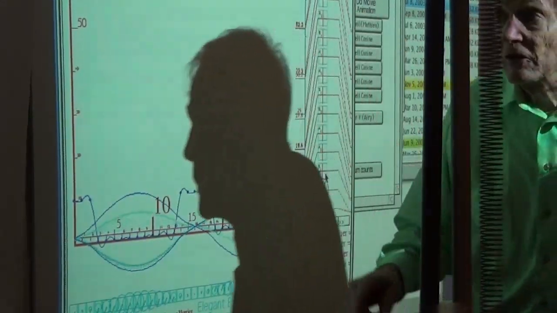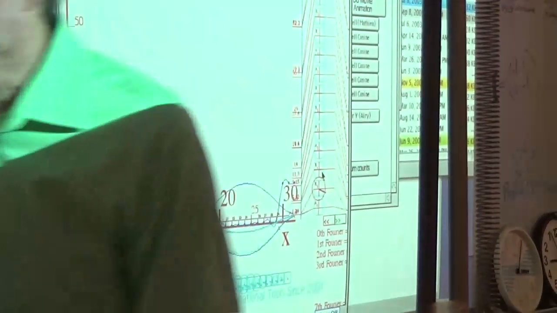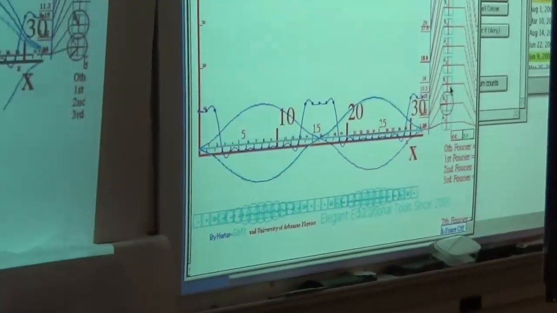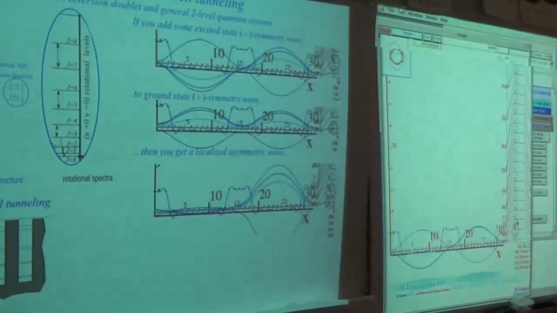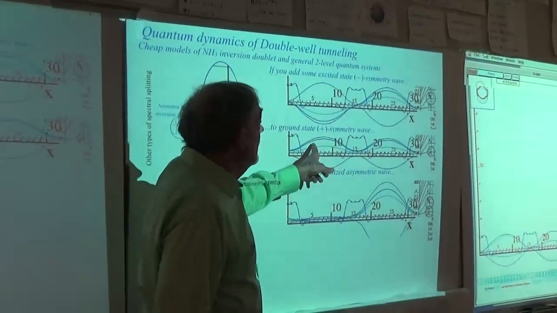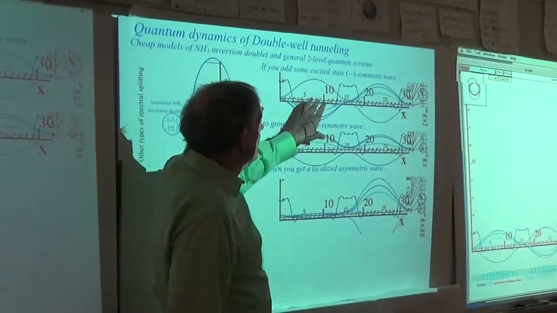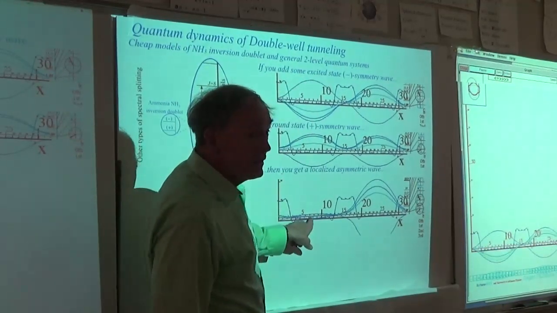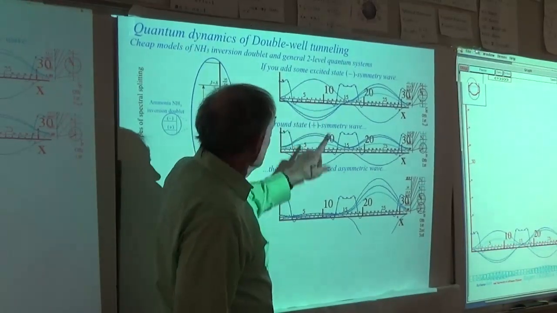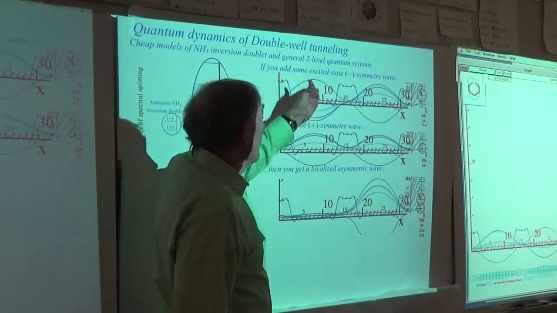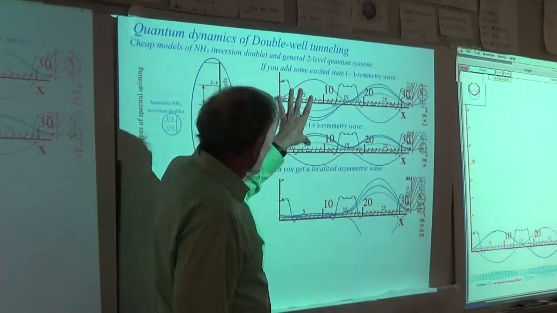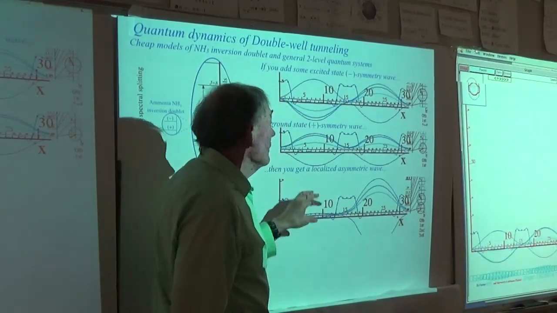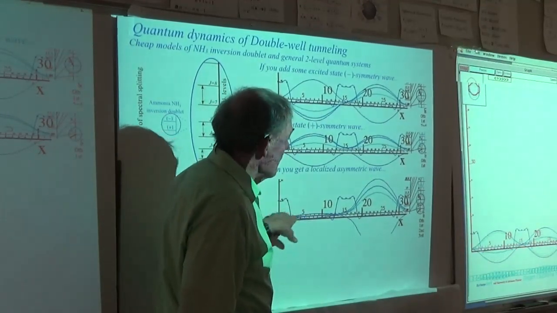If I add this thing to the ground state, and that's what this picture here is going to be, if I add these two, this one's symmetric, this one's anti-symmetric. Result is a cancellation of the wave on one side. This is negative, that's positive. They're always out of phase. So when I add them, no matter how fast they're wiggling, I'm going to get something here that, if I did it really carefully, would be zero.